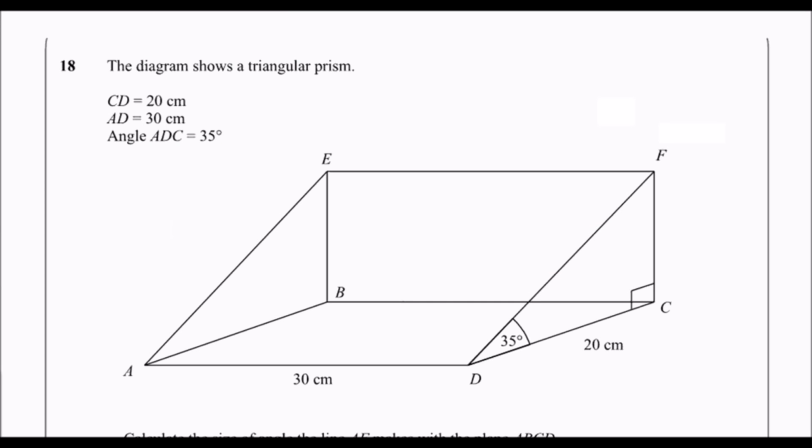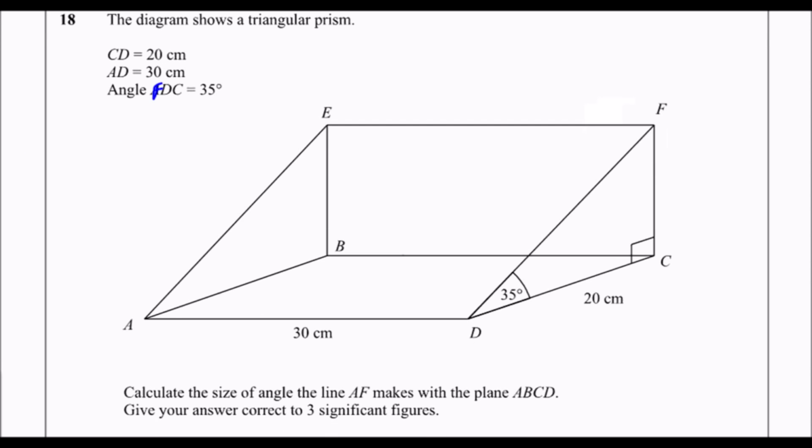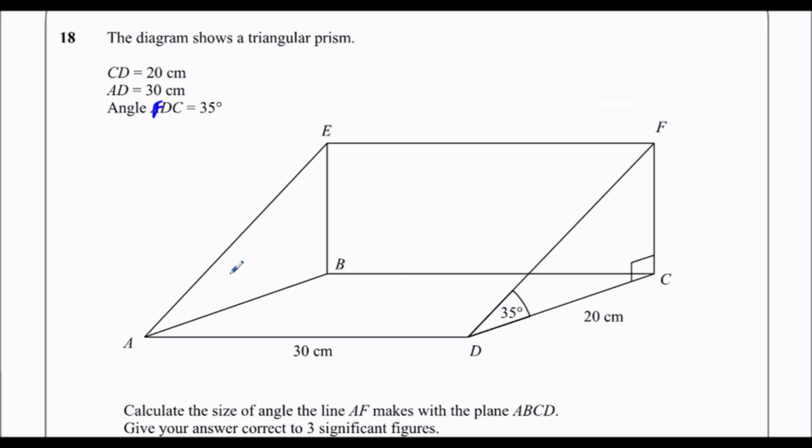Question 18. The diagram shows a triangular prism. CD is 20 centimeters. AD is 30 centimeters. And angle, it should say FDC, angle FDC is 35 degrees. Calculate the size of the angle the line AF makes with the plane ABCD.